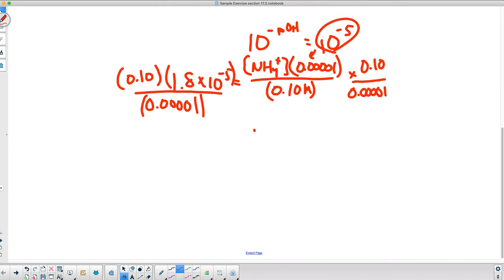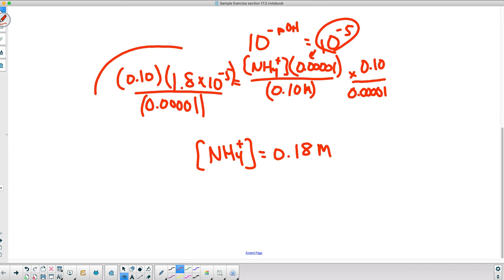A little bit more room. NH4 positive, the concentration after this equals 0.18 molar. If you do this calculation right here, equals that.